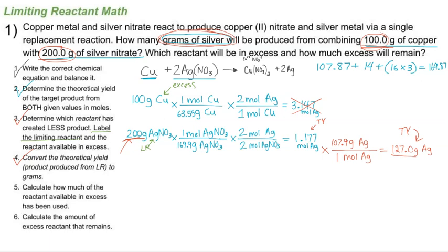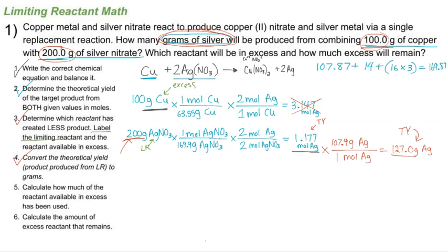So the easiest way I think to do this, and there's a lot of ways, is to take our theoretical yield in moles and convert back to figure out how many grams of copper get used up with that number of moles. So that's what I'm going to do. You could also start with the amount of your limiting reactant.